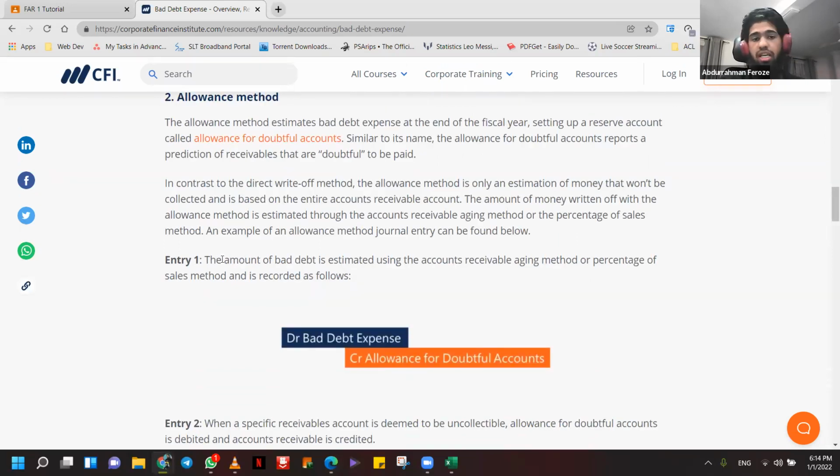But if they ask you a question why the direct write-off method is not used, you can explain that because the effect of the bad debt is shown only on the profit and loss statement and not on the balance sheet. So we need the occurrence of the bad debt to be explained on both the financial position statement and the profit and loss statement.